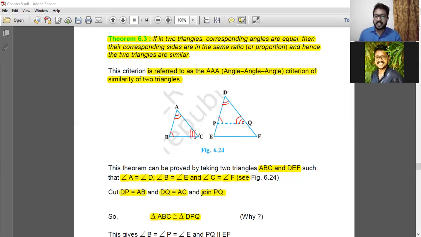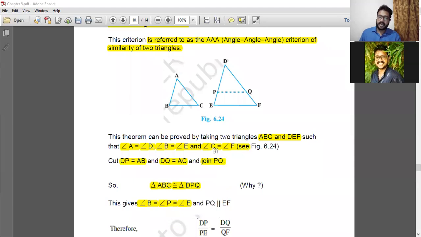We have taken angle A is equal to angle D. This was our given condition. And what about the next one? Angle B is equal to angle E and angle C is equal to angle F. Now consider this particular case, angle B is equal to angle E. But now we have drawn this and we can see that angle B is equal to angle P is equal to angle E. Clear?